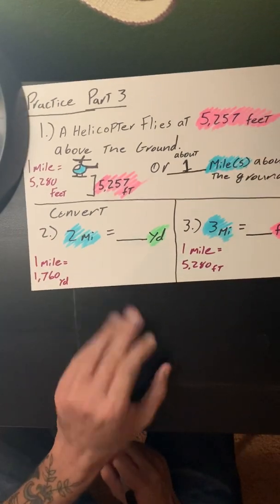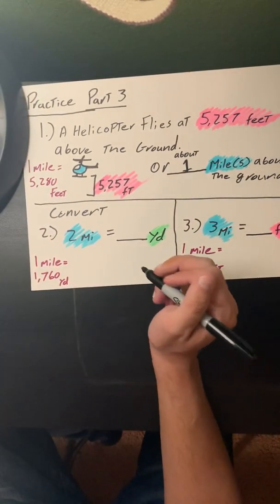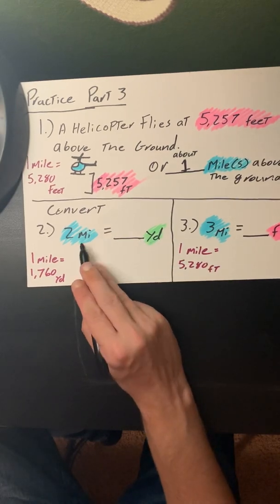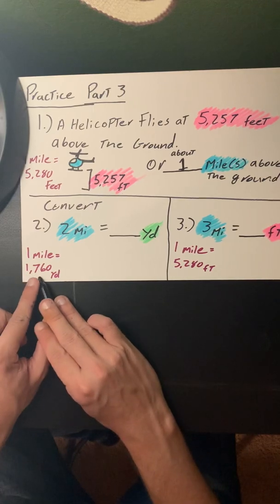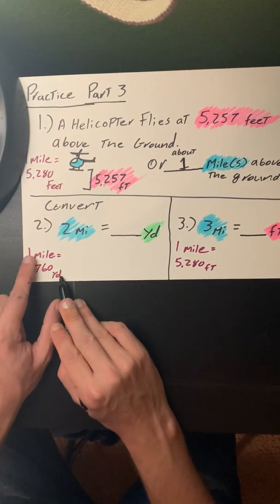Okay? Next, I need to convert 2 miles into yards. And I have put my conversion here. I know that 1,760 yards equals 1 mile.